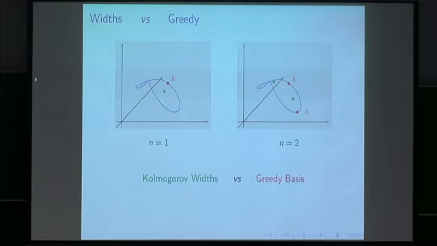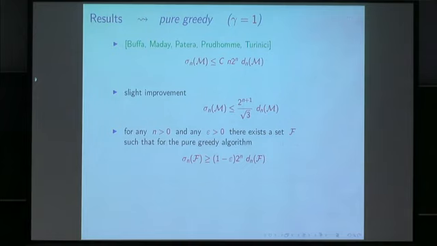Then in the greedy procedure, the bad thing is that we have to keep that element, although maybe choosing two other elements like the green points here, we could find a better approximation, while here we're restricted only to the same sequence of elements. So the greedy basis seems not to be that optimal.